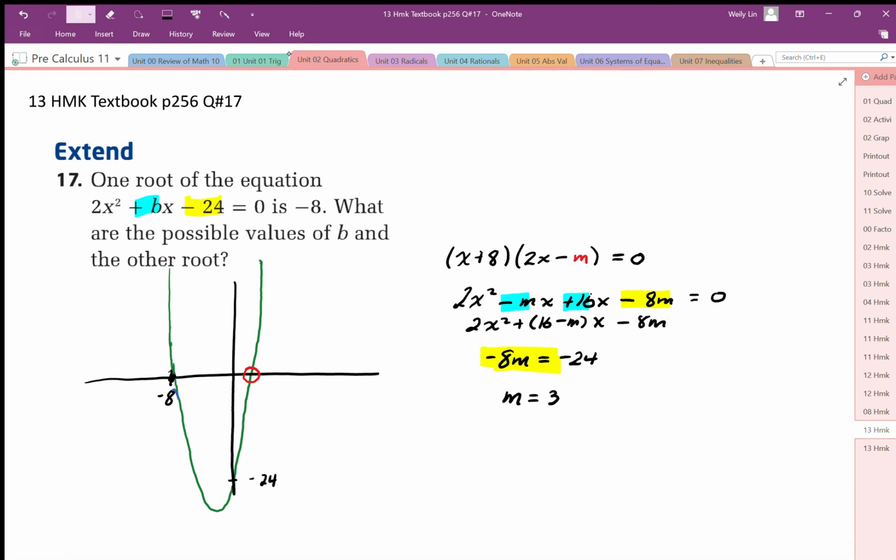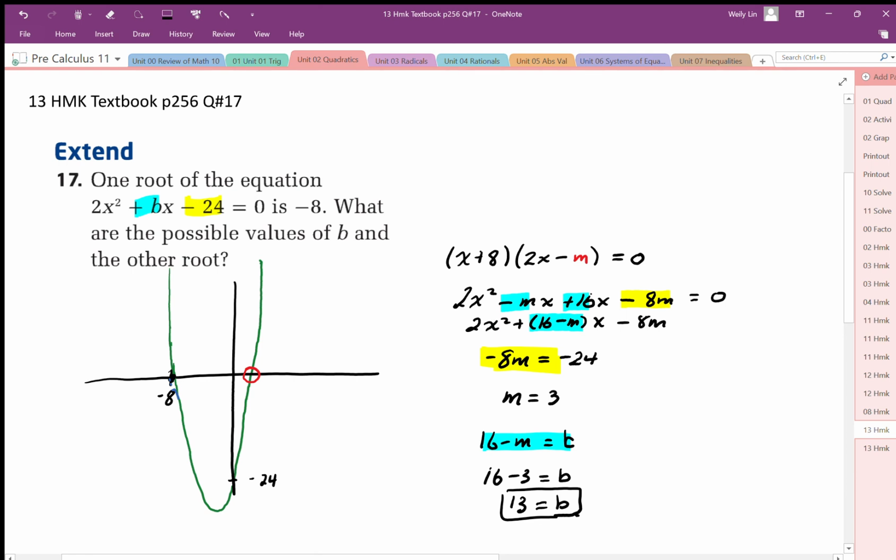I know that I can equate this middle coefficient with the b value, so 16 minus m must be equal to the b value, and that's from that blue. Solving for the b value, since m is 3, b is equal to 13. Okay, so there's our b value.